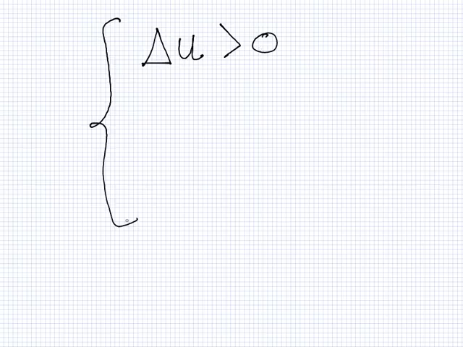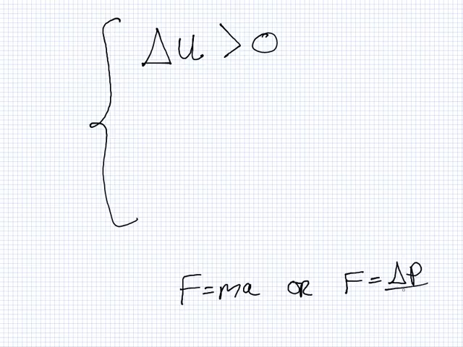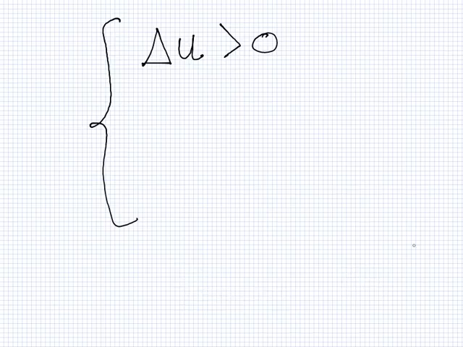In fact, just listen please one moment. Do you remember Newton's second law? There are two ways to say it. You can say F equals ma, or you can say F equals delta P over delta T. Just like with Newton, there are different ways to say this law.